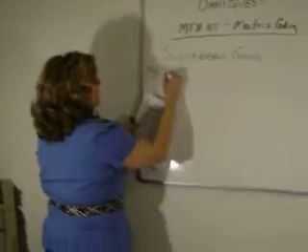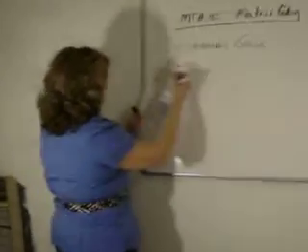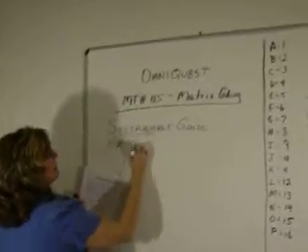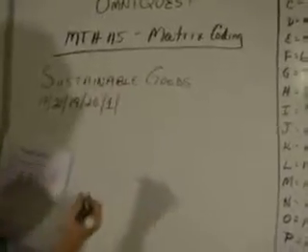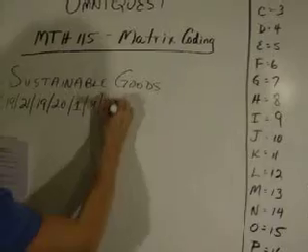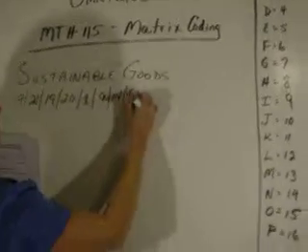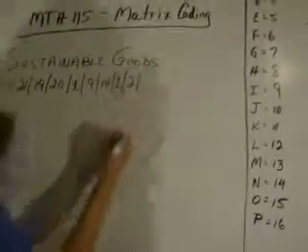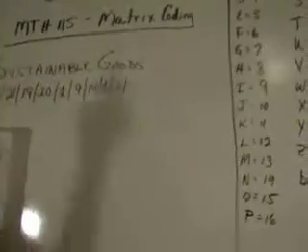S is a 19, U is a 21, S is 19 again, P is 20, A is 1, I is 9, N is 14, A is 1, B is 2, L, I think is a 12.